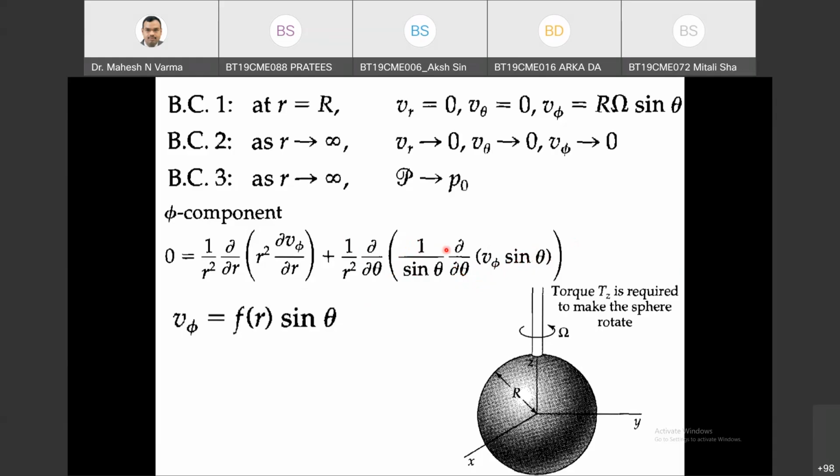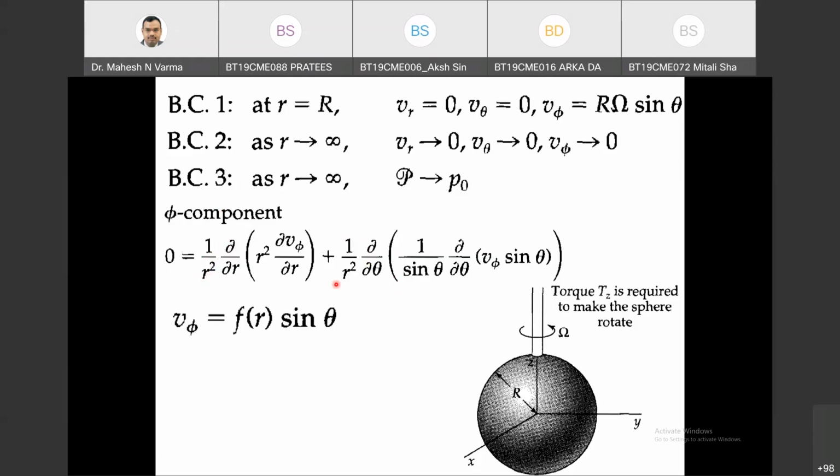The integration of 2 cos theta will be minus 2 sine theta. So this r square, and sine square theta divided by sine theta, gives sine theta divided by r square. Here also you will get sine theta divided by r square.